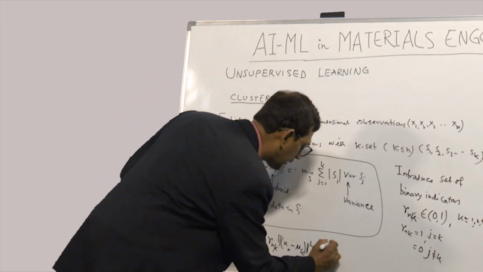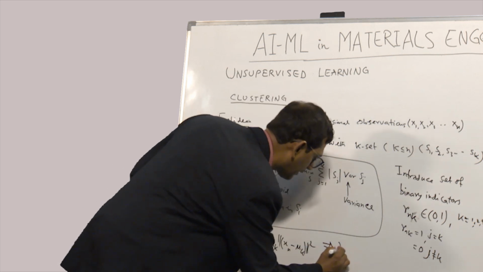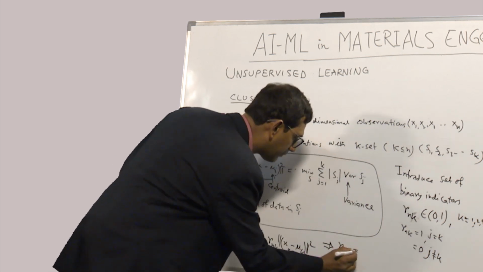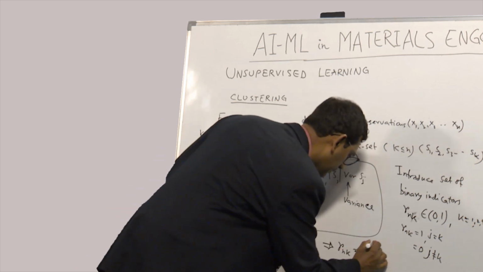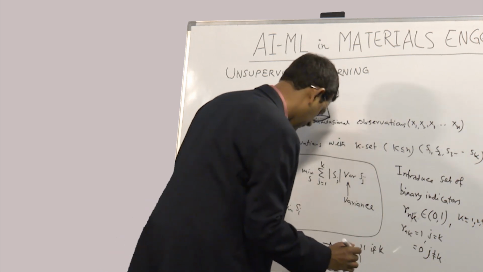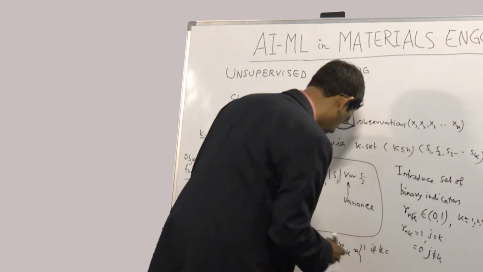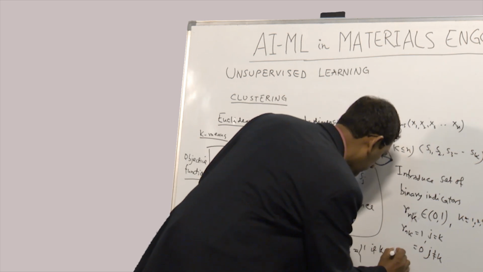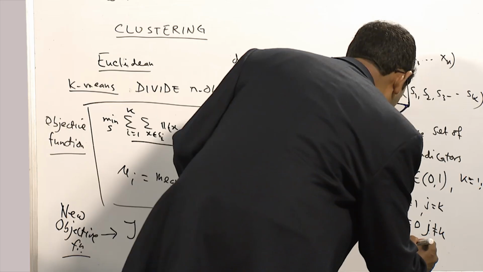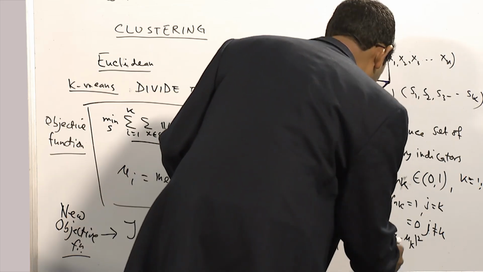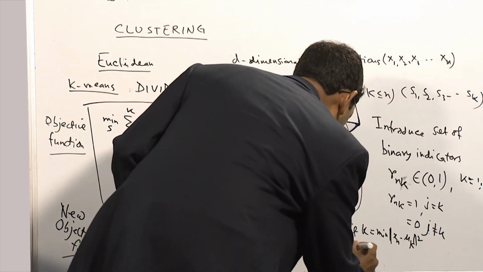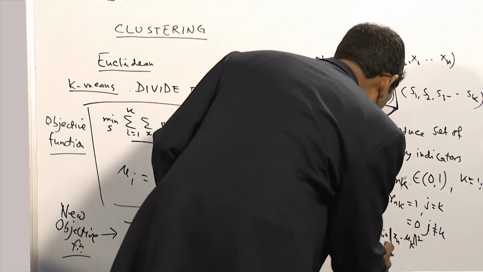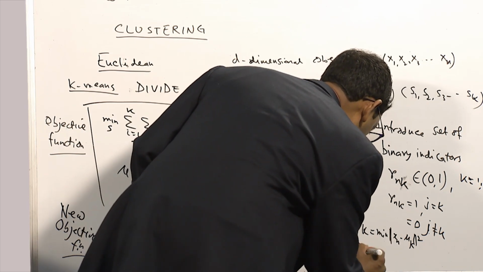To optimize the values of R_nk and μ_k, R_nk is very easy. R_nk becomes 1 if k equals the argmin over j of |x_n − μ_j| squared, and 0 otherwise.